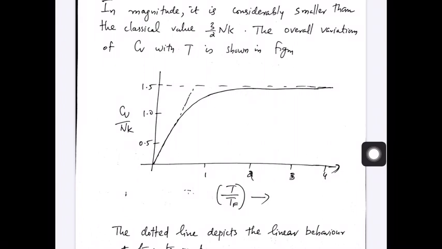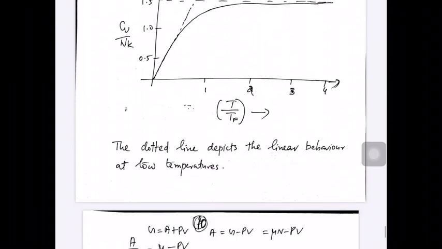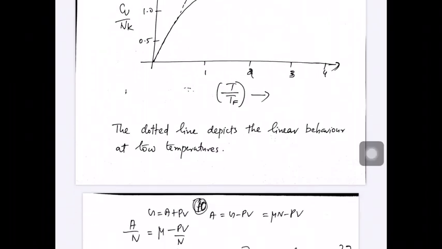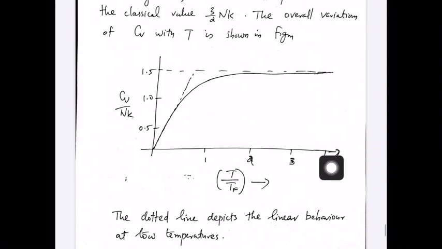We know that whether it is an ideal Bose gas or Fermi gas, at high temperatures it behaves like a classical ideal gas. The dotted line depicts the linear behavior at low temperature, CV by Nk proportional to the temperature.